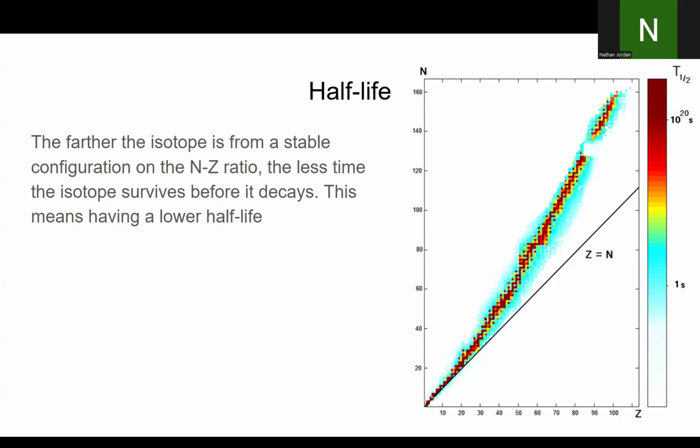But if the isotope has too many protons or too many neutrons, or not enough neutrons, then that nucleus will be unstable, to personify it. It is more likely to undergo decay, so the faster half of it will decay, and its half-life decreases as it becomes more unstable.